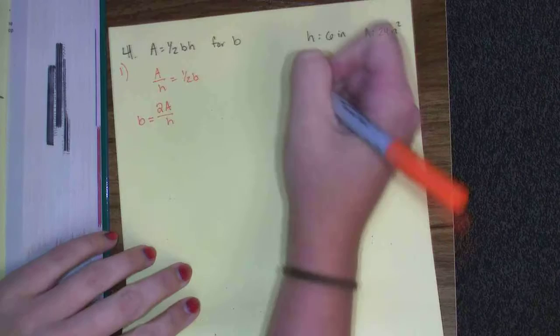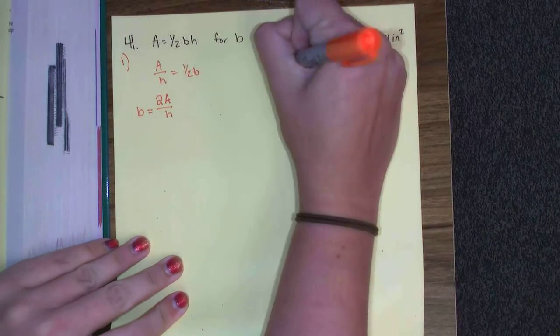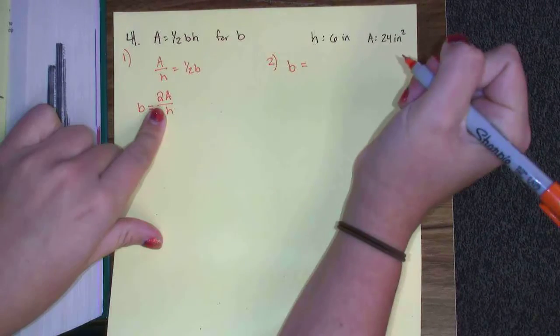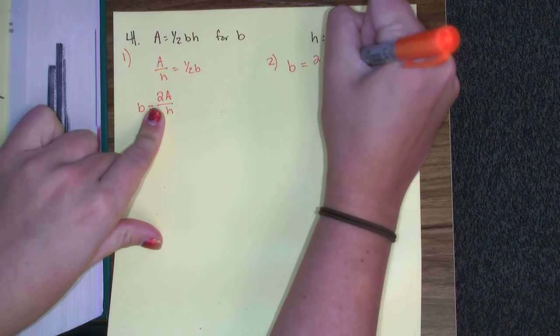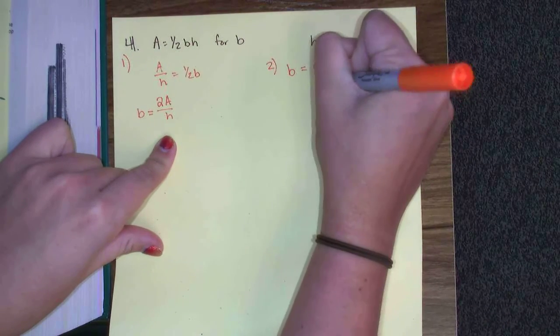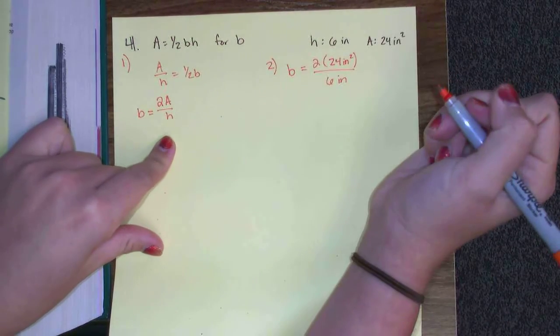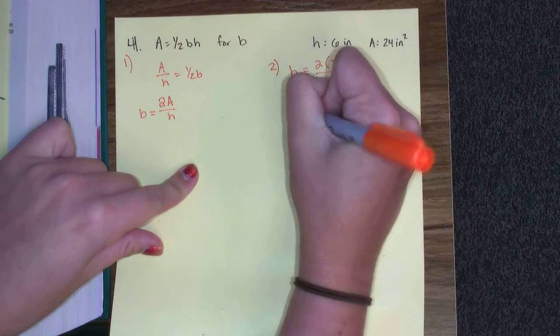So then now over here, step 2, okay, I have B by itself, so I have B is equal to 2 times A, which is 24 inches squared, over the height, which is 6 inches. So, what does that come out to be equal to?